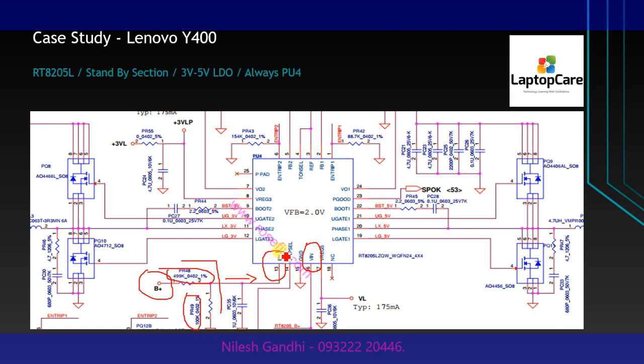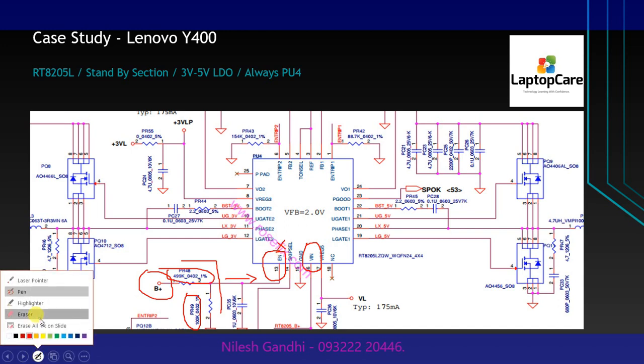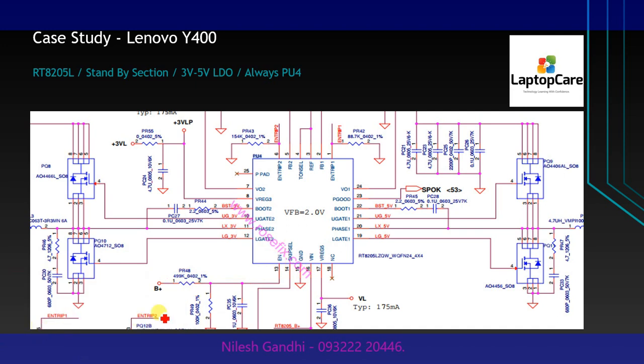But here we did not find any voltage. So as per theory, if your VIN is okay but enable is not coming, it means your IC is bad.